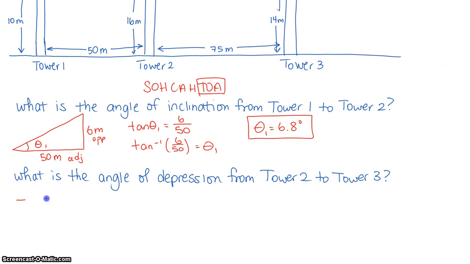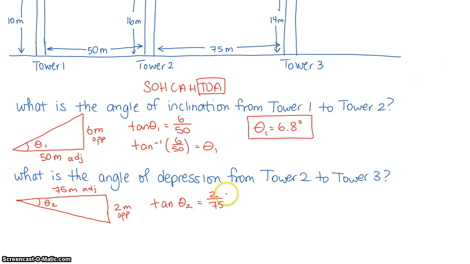Now my other triangle was 75 meters. My angle of depression was theta 2, and I had a 2-meter height difference. Same idea, I'm going to use SOHCAHTOA. Based on this angle, I have an opposite side and an adjacent side, so again, I'm going to use tangent. So tan of theta 2 is going to equal my opposite over my adjacent.